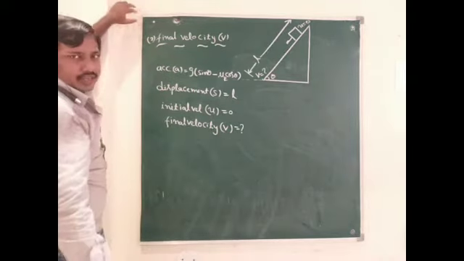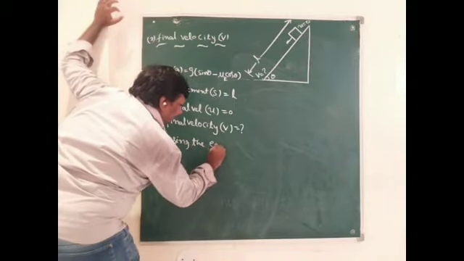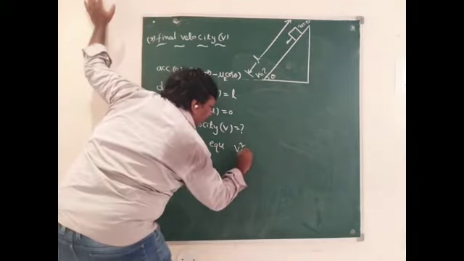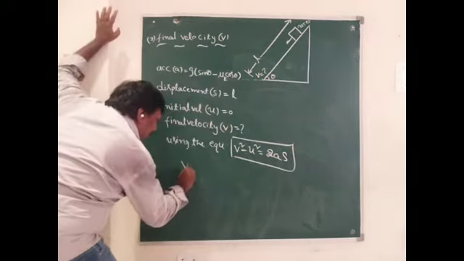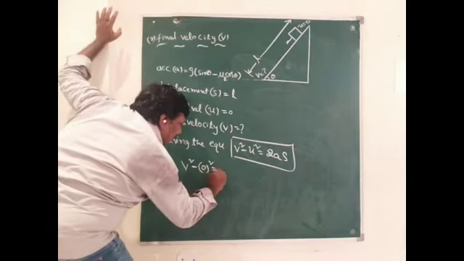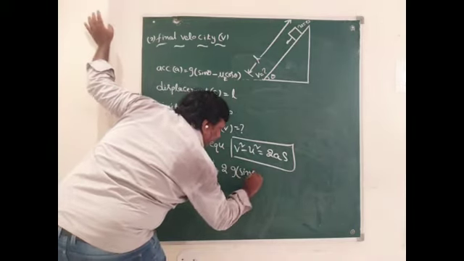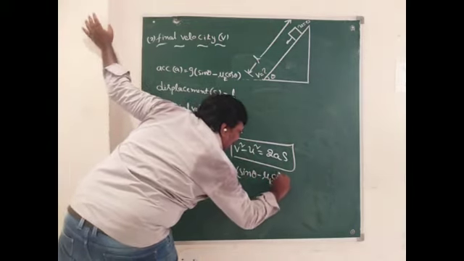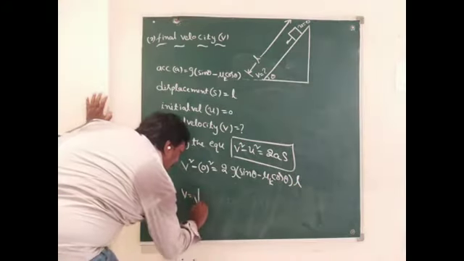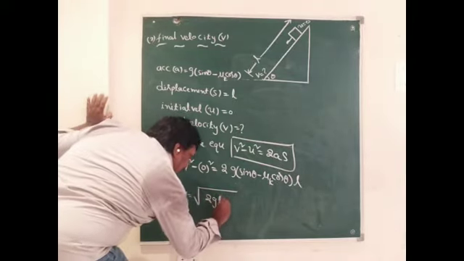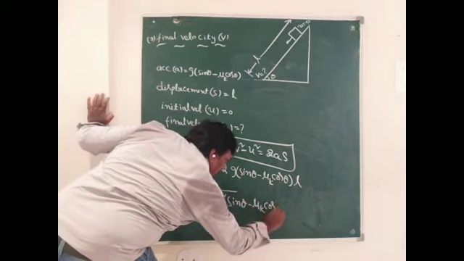Now using the kinematic equation, v square minus u square equal to 2as. So v square minus 0 square equal to 2 into a, where a means g into sin theta minus mu k cos theta, into L. So therefore v equal to root over 2gL into sin theta minus mu k cos theta.